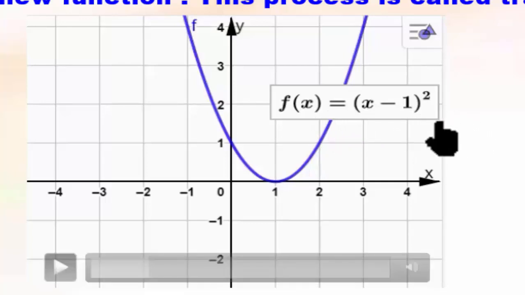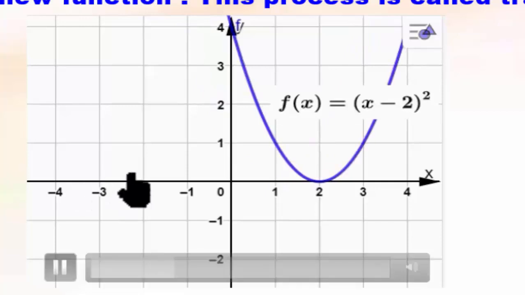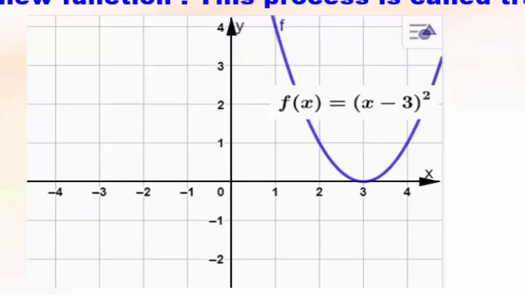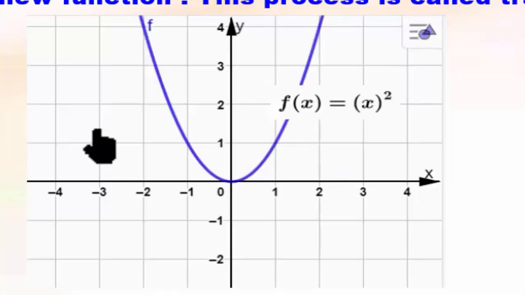And if we move it 2 units, it becomes f(x) equals (x minus 2) squared. And if we move it 3 units, then f(x) equals (x minus 3) squared.